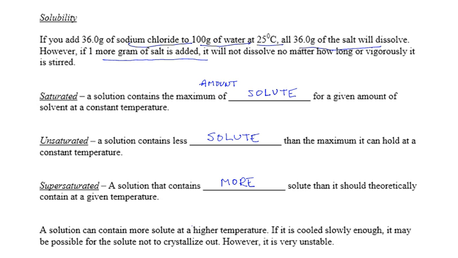Supersaturated solutions occur when we heat a solution to a higher temperature, then cool it down slowly enough so that the solute does not crystallize out. A good example of this is fudge. Fudge is a supersaturated solution of sugar. However, it is very unstable, and I hear it takes a very good hand to actually make fudge right.